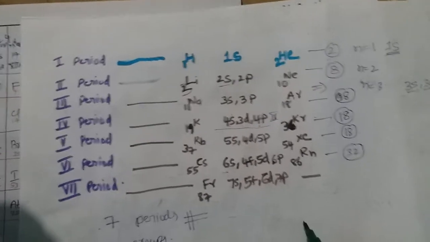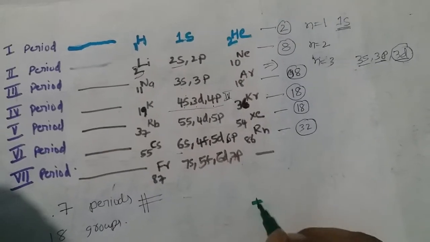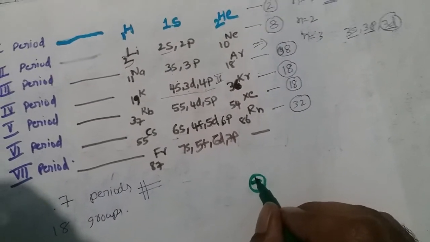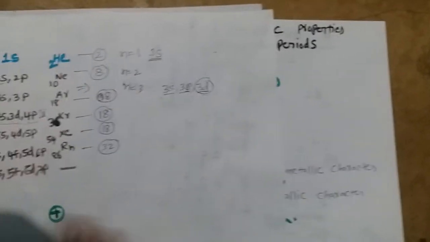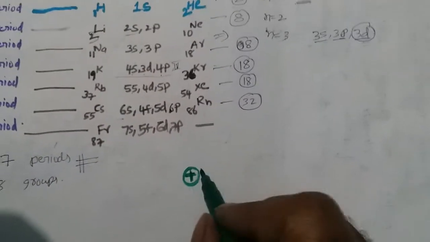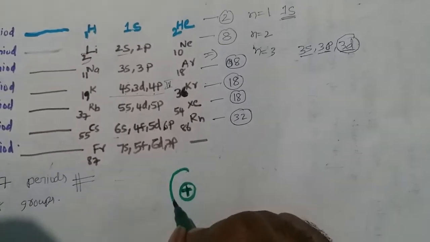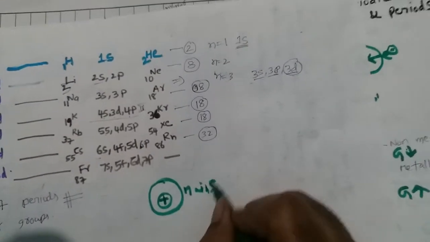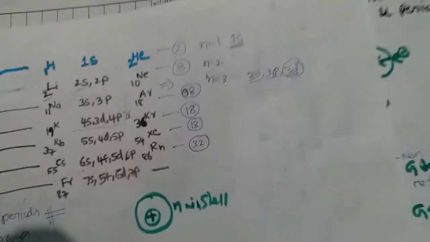So what is happening here? In periods, the nucleus is at the center of the atom, which contains protons and neutrons. And around this, the main shell is constant.